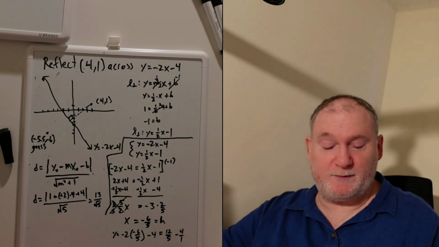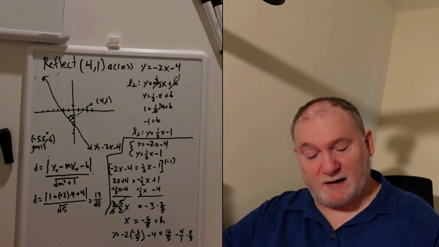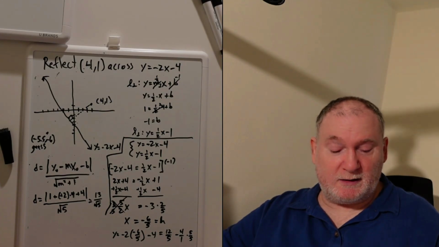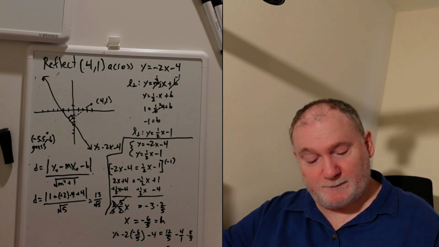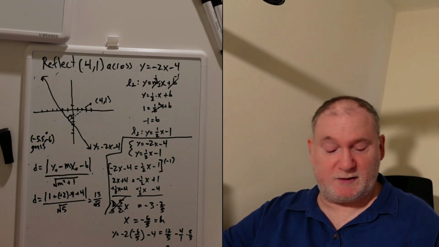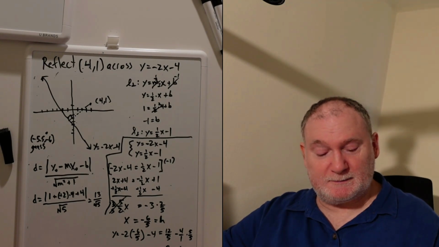We need a common denominator, so I'll put a 1 times 5 over 5. So 12 minus 20 is negative 8. So y is equal to negative 8/5. This is going to be k.